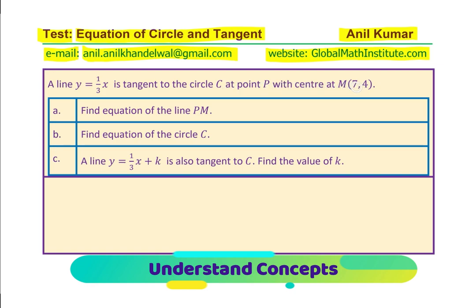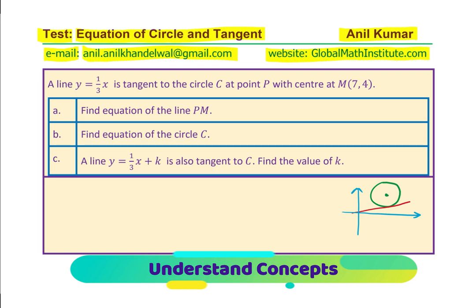So let's make a circle with the center at 7, 4, and the line y equals 1 over 3x is tangent to it, kind of like this. And of course, this will go through the origin. You get the idea.